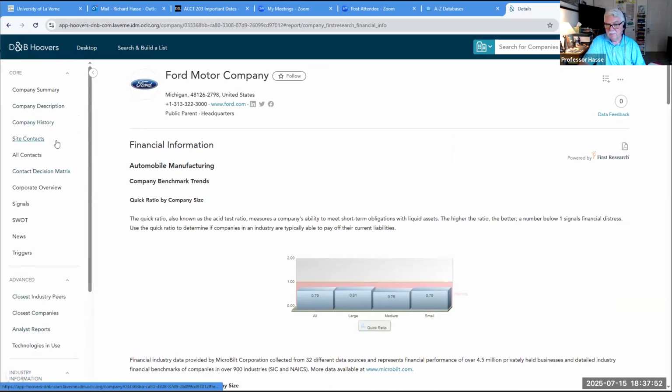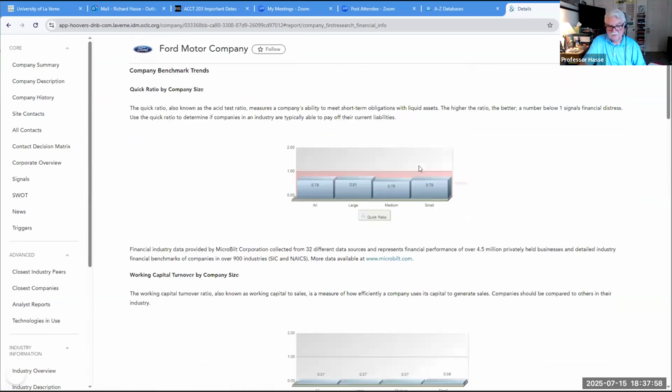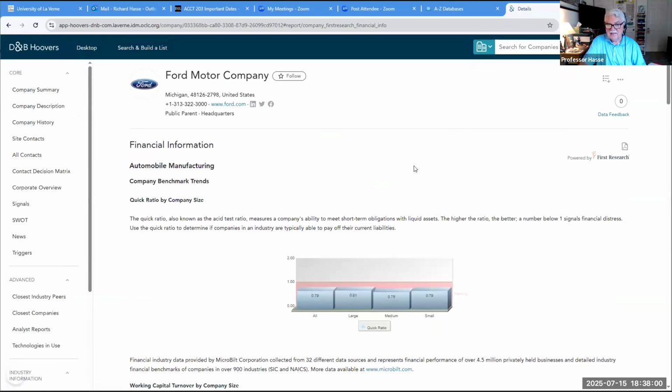All kinds of stuff. So that's the D&B Hoovers database. Their financials are in here too. I'm not going to show you where that is. I want you to find it. But that is the D&B Hoovers database. For every publicly traded company in America, their information is included in this database. And I know all your companies are in there because you're all American companies, and you can get this information.